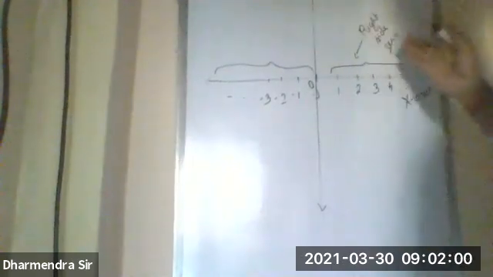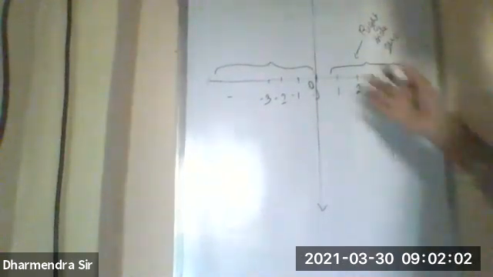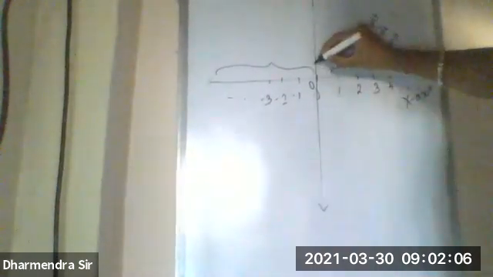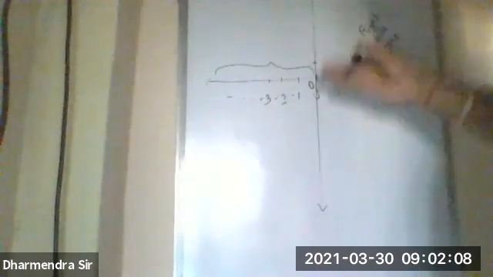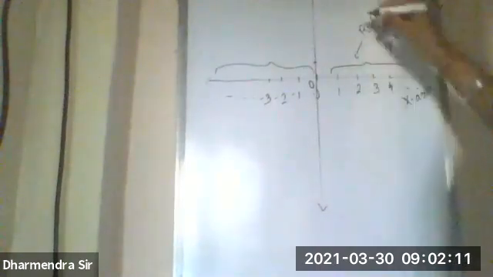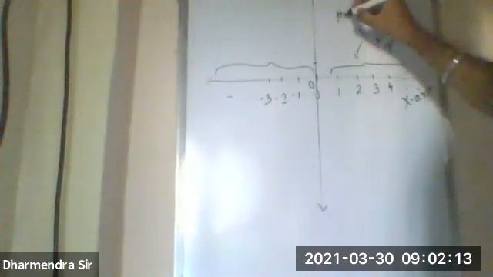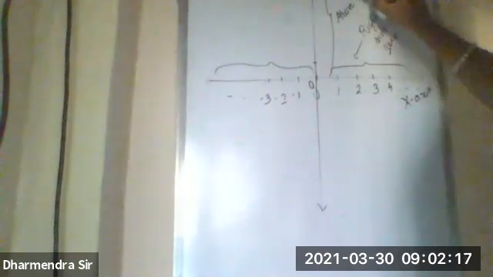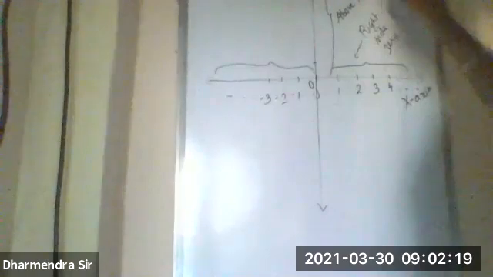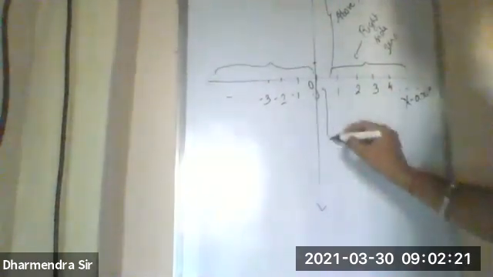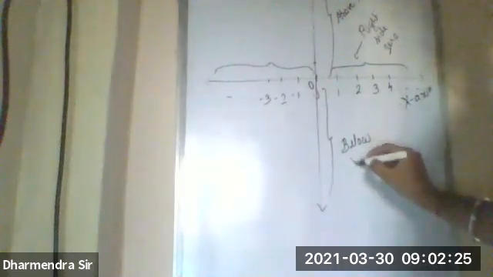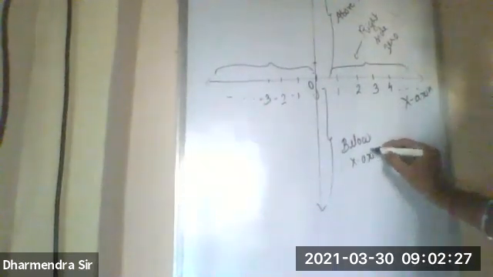As we have the right side of 0 and the left side of 0, we also have a part that is above the x-axis and below the x-axis. So this part is above the x-axis, and this part is below the x-axis.